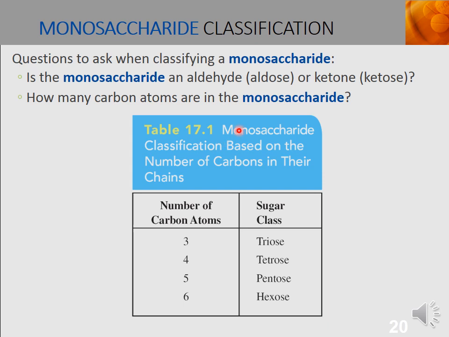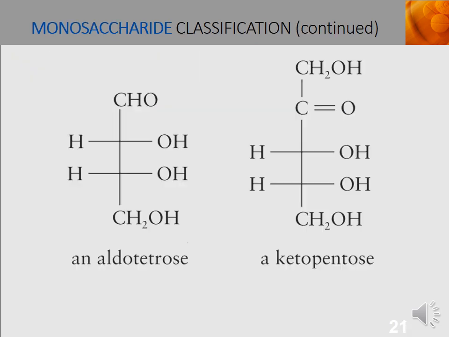Simple sugars can be ketoses or aldoses, and their classification according to carbon number can be triose, tetrose, pentose, or hexose. This is the monosaccharide classification, and you can see the difference between the two.